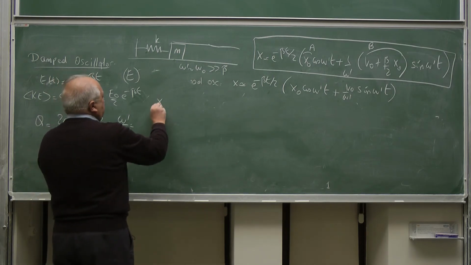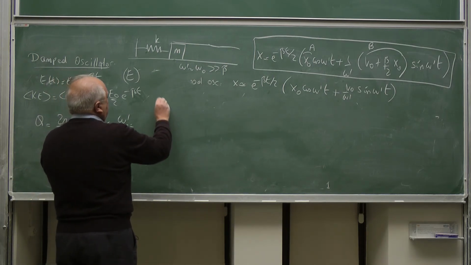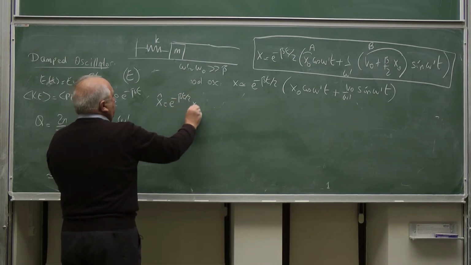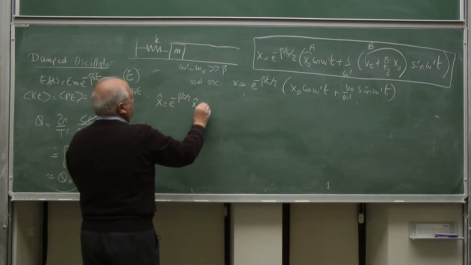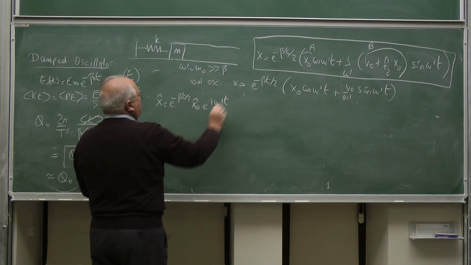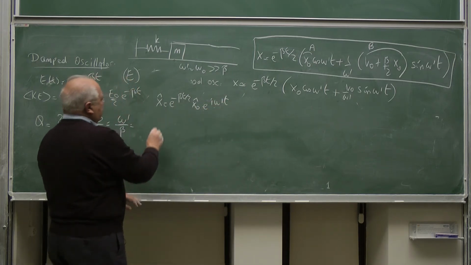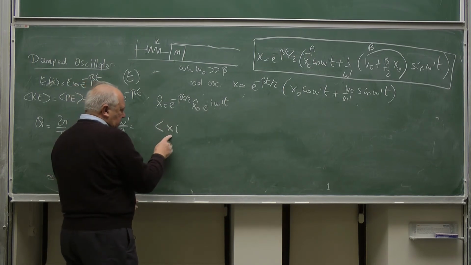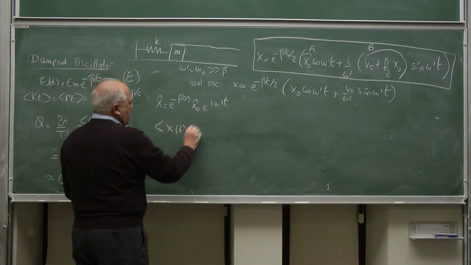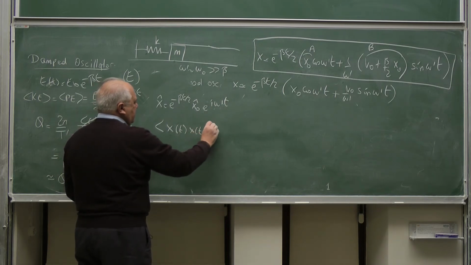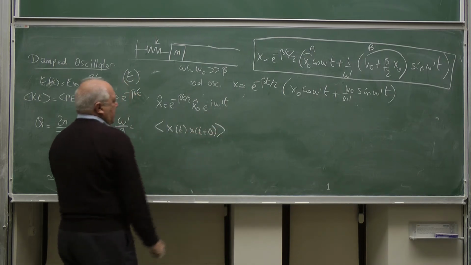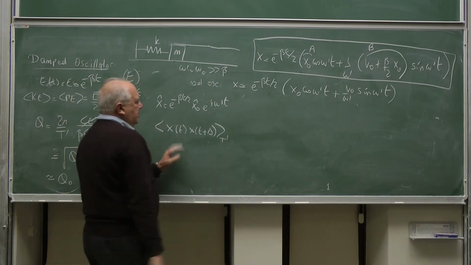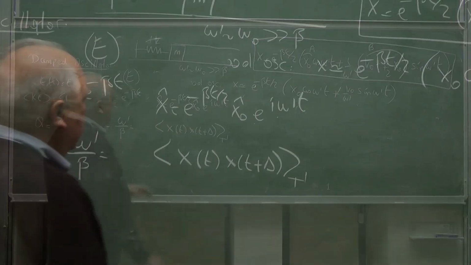Let me write here again, for example, x equals e to the minus beta t over 2 x0 e to the I omega prime t. So for example, what is the average value of x(t) and x(t plus delta)? This is the physical real quantity I'm writing. Okay? Over the period of one oscillation.